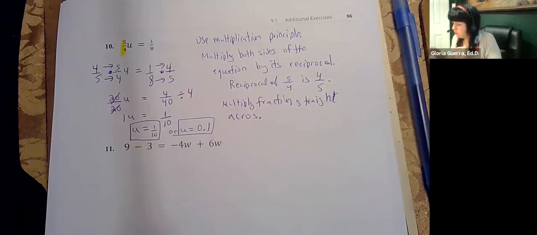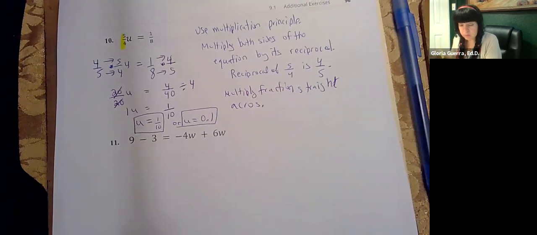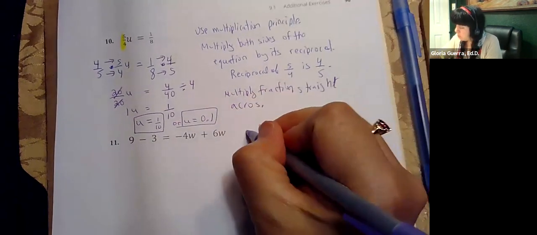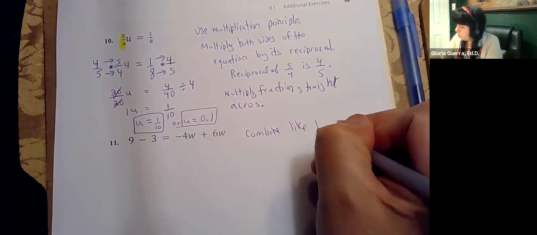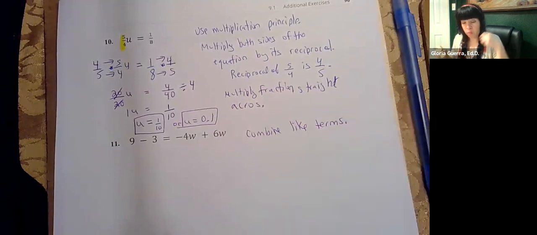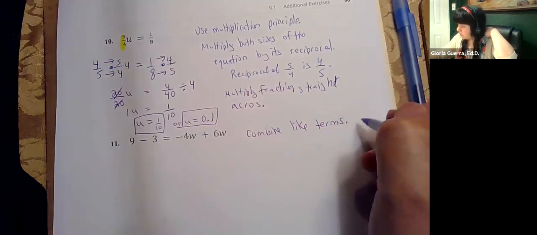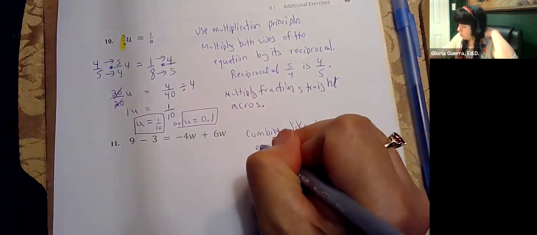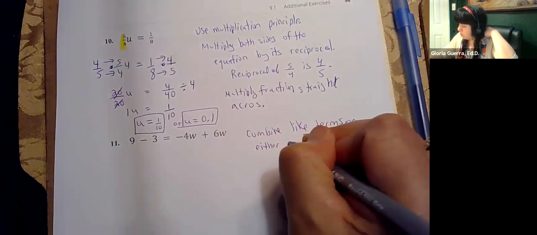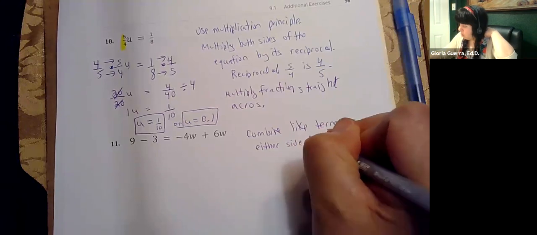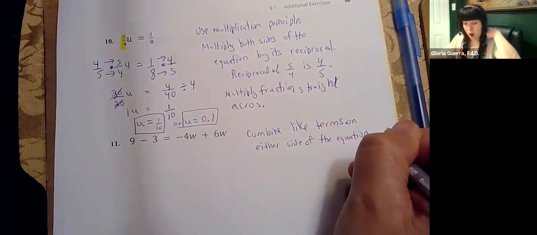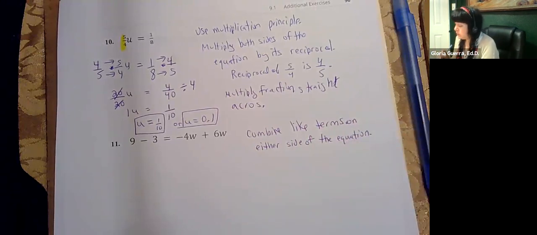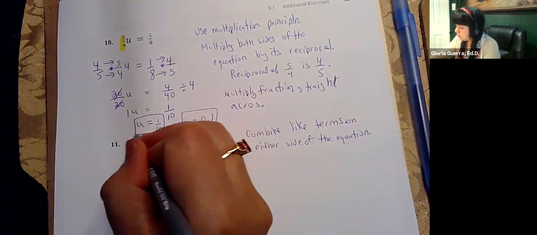Okay, now you look at 11. I'm going to combine like terms on either side of the equation. So on this side you have 9 minus 3. That's just 6.